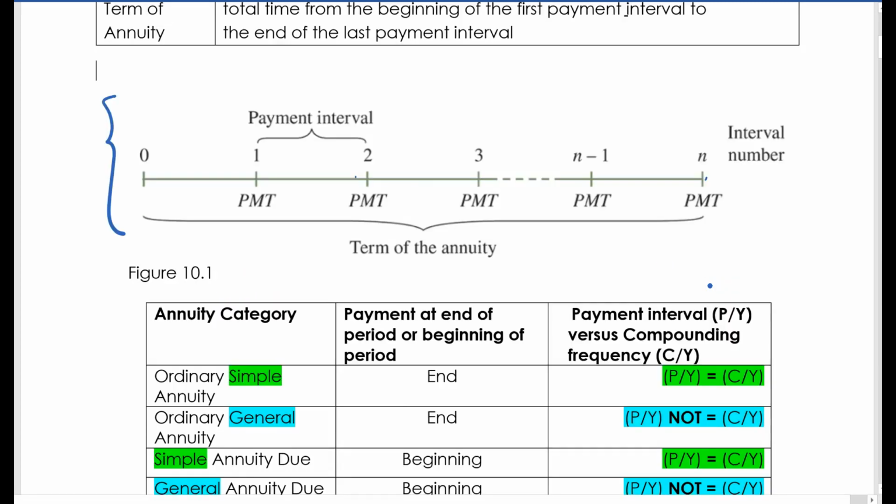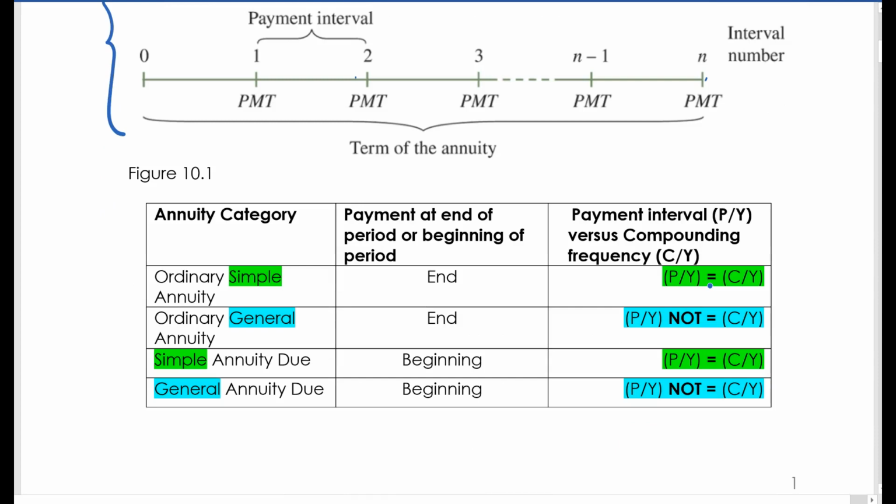Okay, so I just want to also talk about the types of annuity. We talked about an ordinary annuity being that the payment is at the end. We have two different types of ordinary annuities. Simple annuities, in other words, the payment frequency per year matches the compounding frequency per year. So if it's 5% compounded monthly, but you're also paying monthly, that's an ordinary simple annuity.